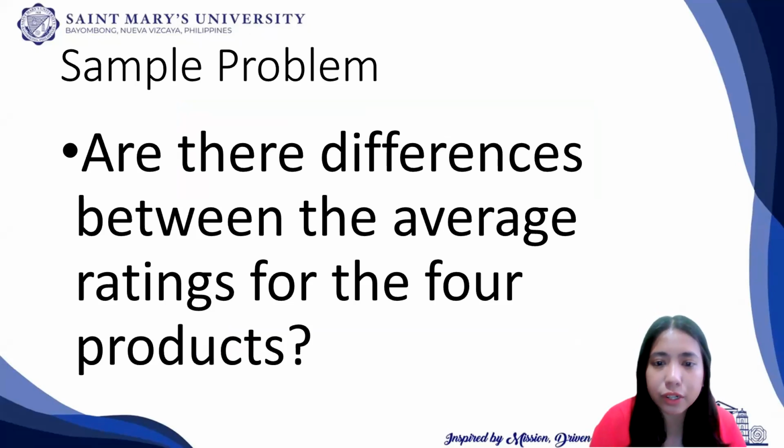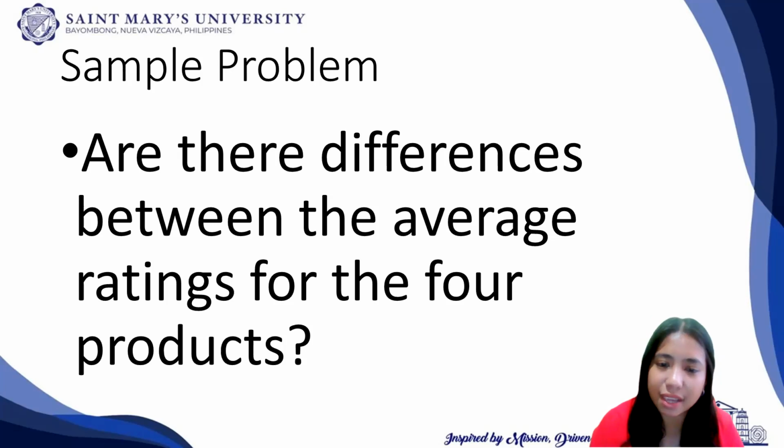So here is our sample problem. We want to compare the average rating for the 4 products. This is how we can ask that question: are there differences between the average rating for the 4 products? Let me just reiterate in the assumptions that these 4 products are being rated by each of our respondents.